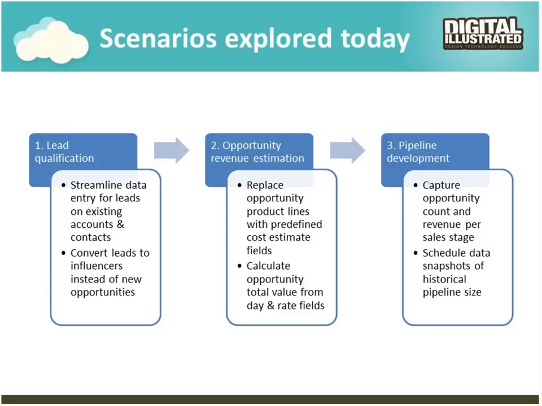The second scenario is about how we could replace the standard data entry process for managing the detailed cost components of an opportunity, using custom fields instead of the standard opportunity product line items. I'll be looking at the calculation options that are now available in the 2015 version of CRM for making this happen.